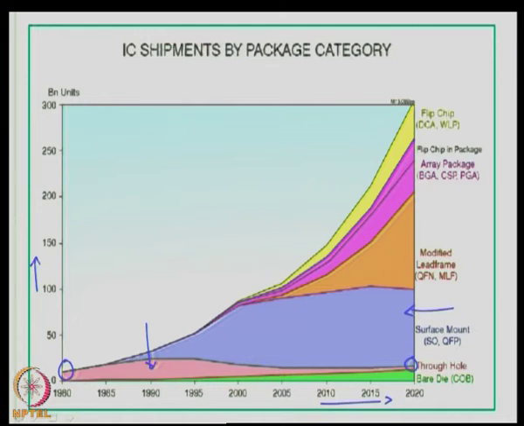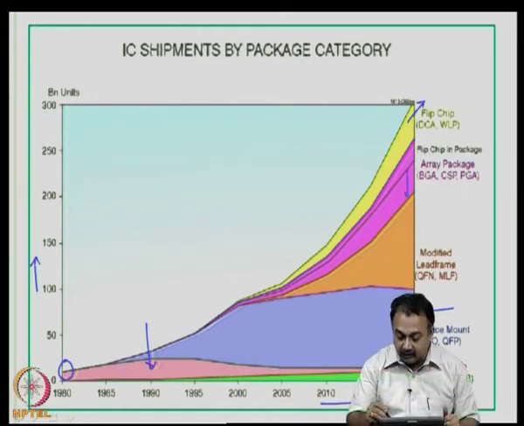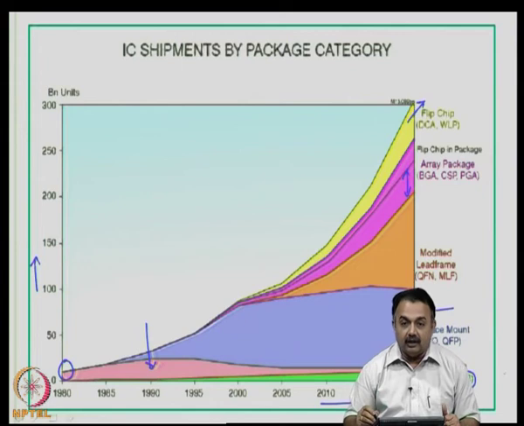Then you can see absolutely large growth of flip chip, which was not at all there in the 1980s up to 1990. Then we talked about area array packages, which have a very high growth rate in the last 2 decades, that is BGA, CSP and pin grid arrays. Bare die, that is your chip on board process, is also catching up.